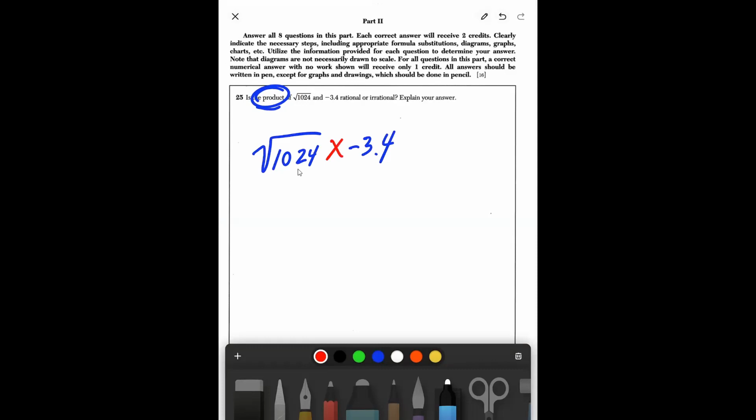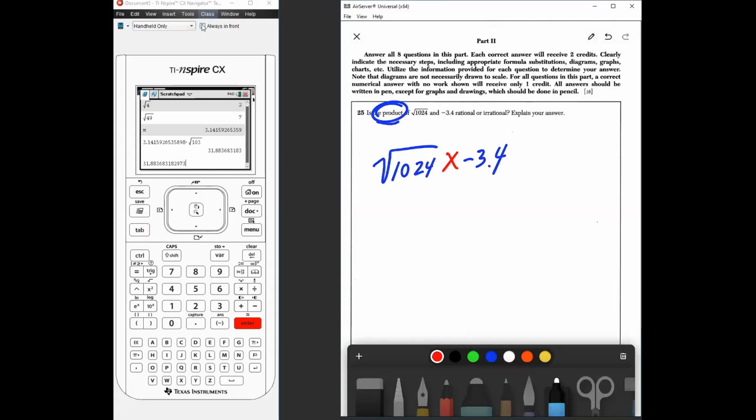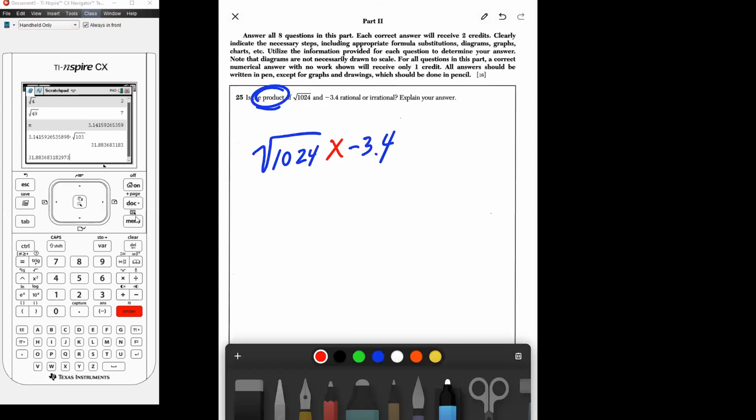Now, once you do that, let me go get my calculator because I need that. Okay. So now I'm going to do menu 15, get rid of all of this stuff, control, delete. Now, all you're going to do is look at each individual number and find out if it's irrational or rational.